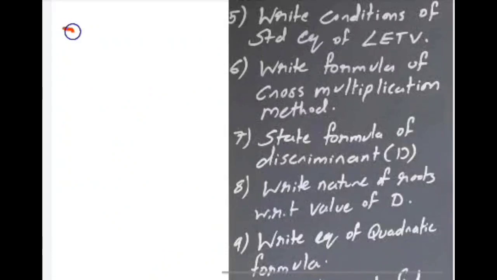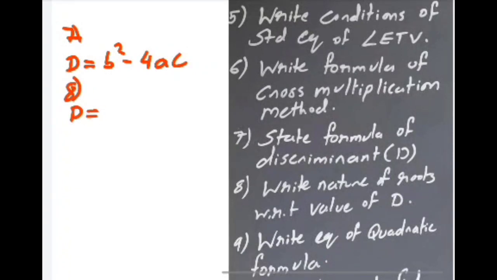Now let's write the seventh one. State formula of discriminant. So discriminant का formula क्या होगा? b square minus 4ac. Okay, write nature of roots with respect to the value of d. So three cases are there. When d is equal to 0, roots will be real and equal.